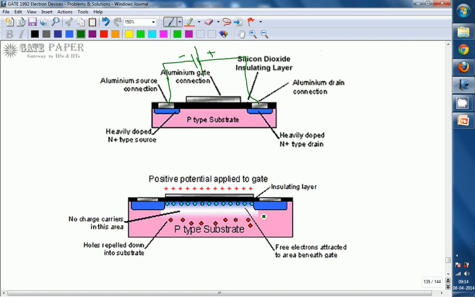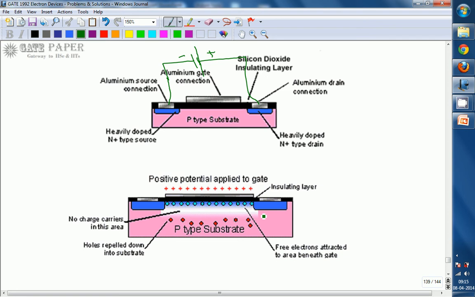Previously holes were residing there, now it is electrons. So the region is called the inversion layer. As you apply positive voltage, it attracts more and more electrons, and after you apply sufficient voltage, greater than the threshold voltage, a channel will be formed. Then it can act as an on device. Generally enhancement mode MOSFETs are normally off devices, whereas depletion mode MOSFETs are normally on devices.